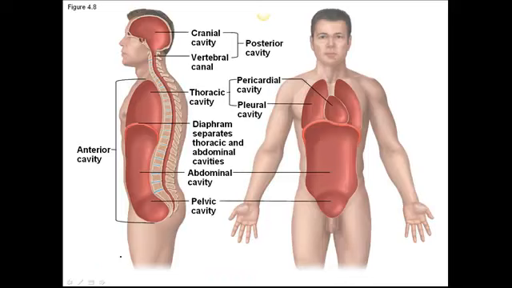So here's your body, and this is your thoracic cavity, the whole thing. This is your pleural cavity, your left pleural cavity. And this is your left lung, and this is your right lung. That's surrounded by a serous membrane called the pleura.